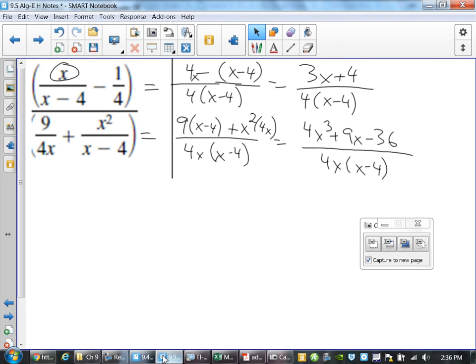Now the last step is to take the numerator, x plus 4, over 4 times x minus 4, and multiply by this part's reciprocal.